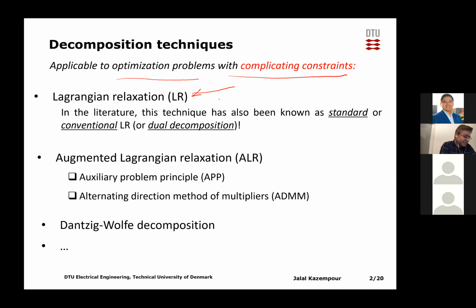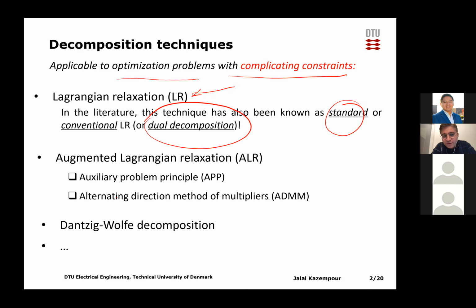In the literature, this technique has also been known as standard or conventional Lagrangian relaxation, in contrast to augmented Lagrangian relaxation. Also, it's called dual decomposition, right? While techniques like Bender's are called primal decomposition.